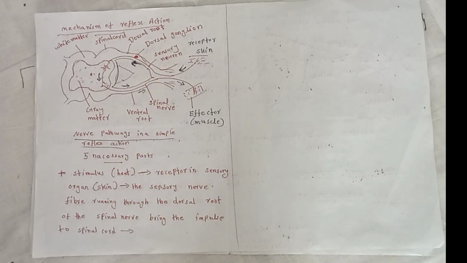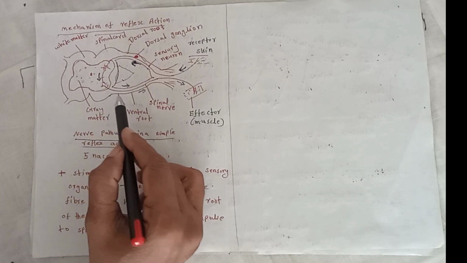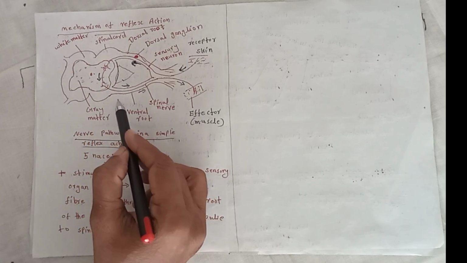From the spinal cord, a motor neuron sends out the command through its efferent fiber.